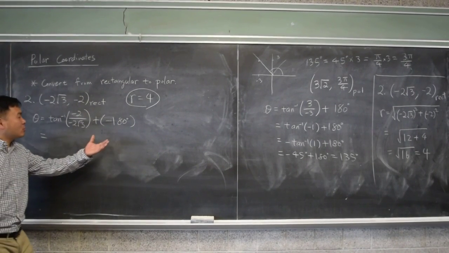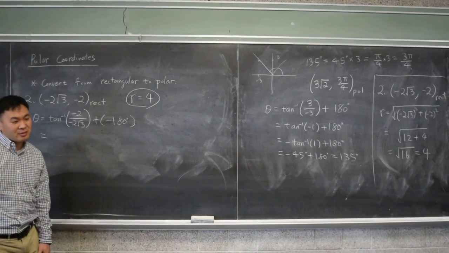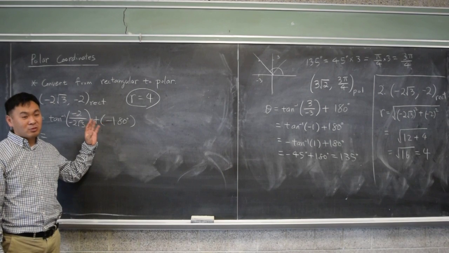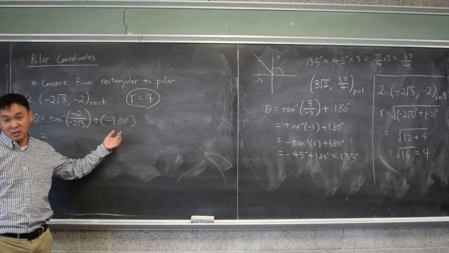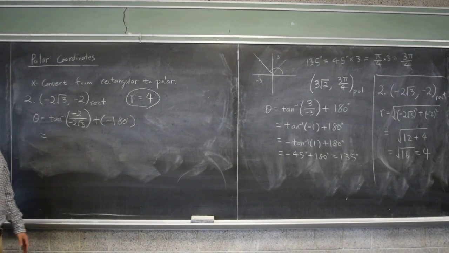I mean, it's not wrong to say plus 180. You just get coterminal angles. The two angles that you get, whether you subtract 180 or add 180, will be coterminal, so it's not wrong.